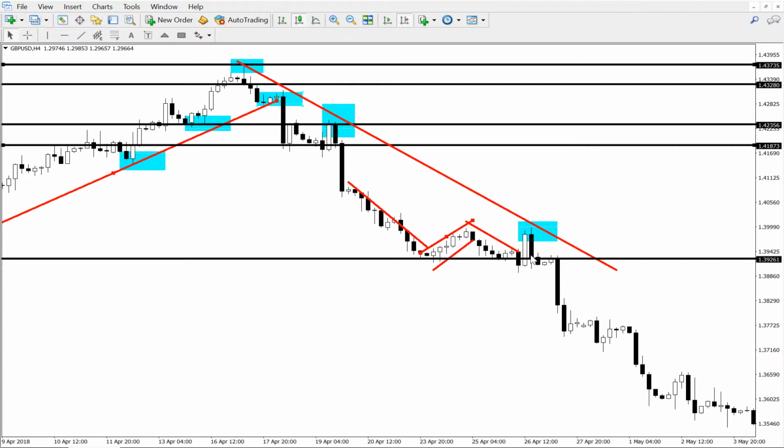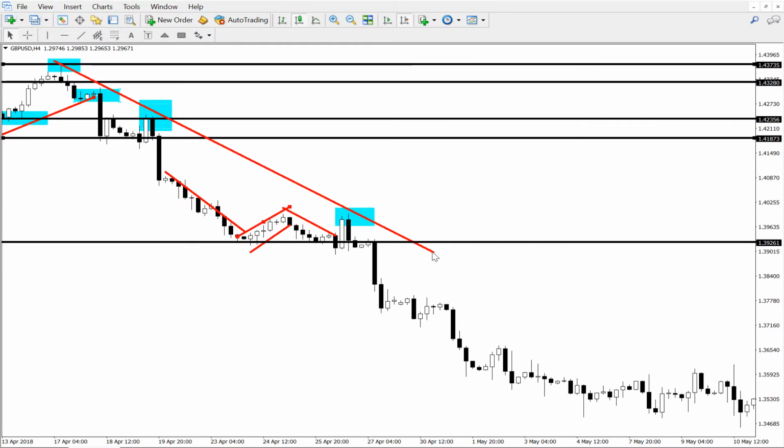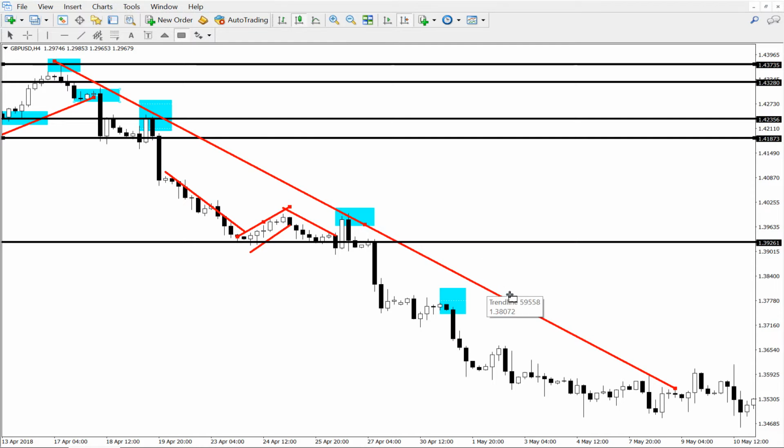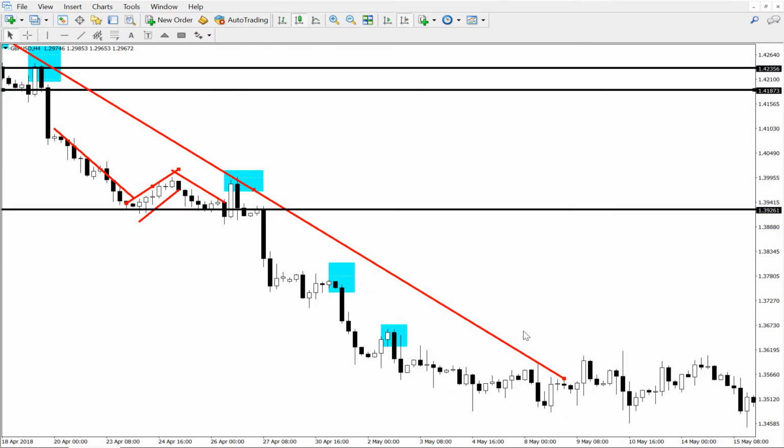So we always find some entry on the sell side. We can enter again here. If we entered here, just look at how strong the bearish candles are. If we extend our trend line, we can see it makes another swing high, swing low, lower high, and here.